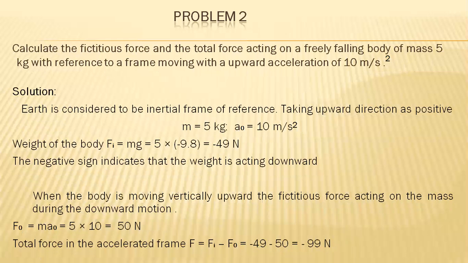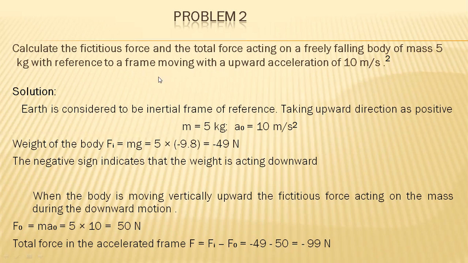The second problem is: calculate the fictitious force and the total force acting on a freely falling body of mass 5 kg with reference to a frame moving with an upward acceleration of 10 meters per second square. It is similar to problem 1.